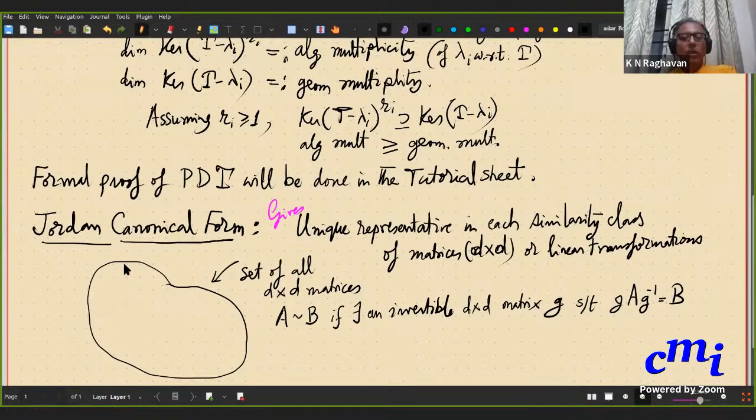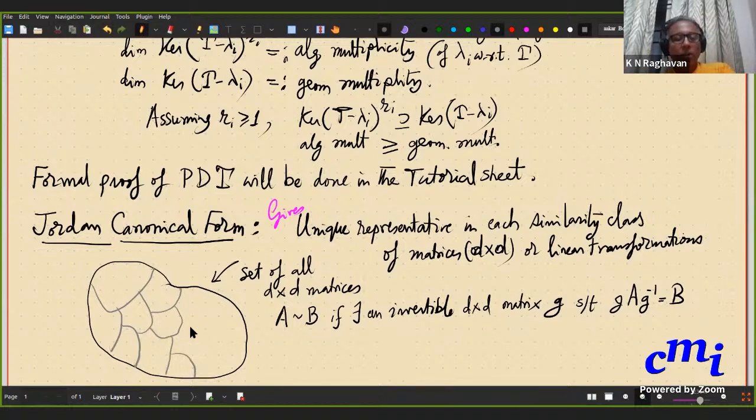So let's say the partition looks something like this. This is again very schematic. Okay. So these are the equivalence classes. I mean, this looks like a finite picture, but there could be infinitely many equivalence classes. Of course, nothing stopping that. In fact, in this case, there will be infinitely many equivalence classes.